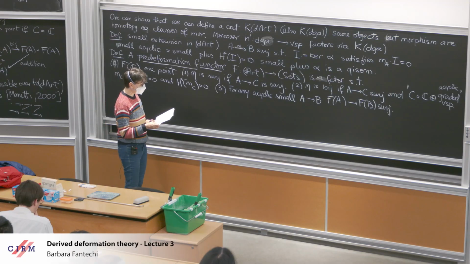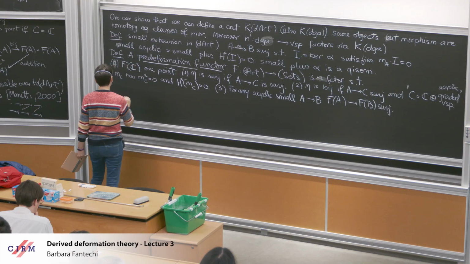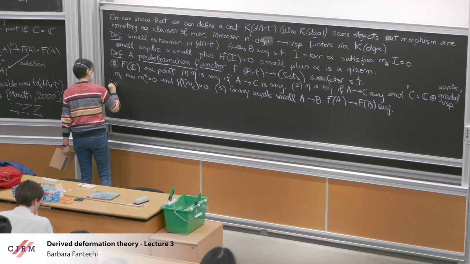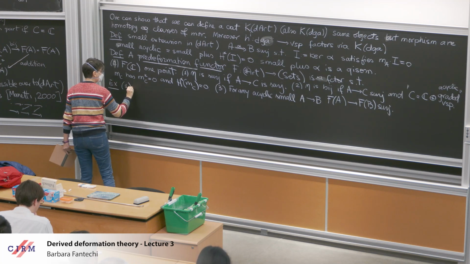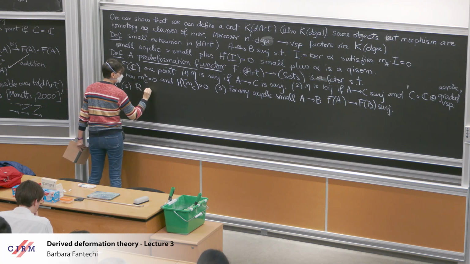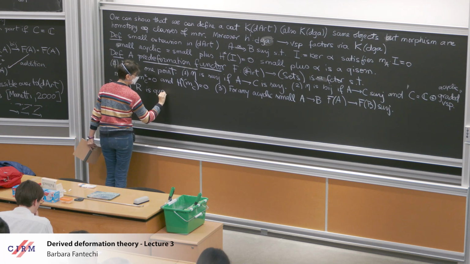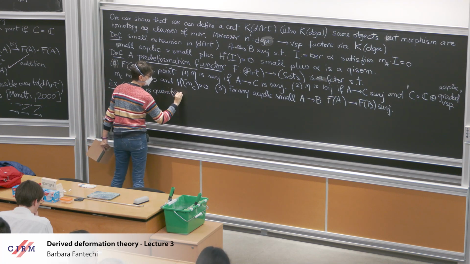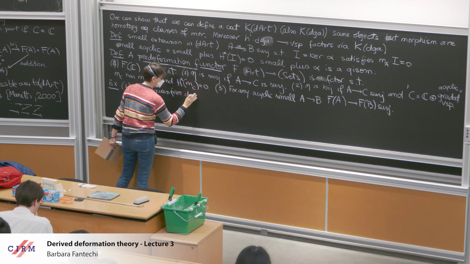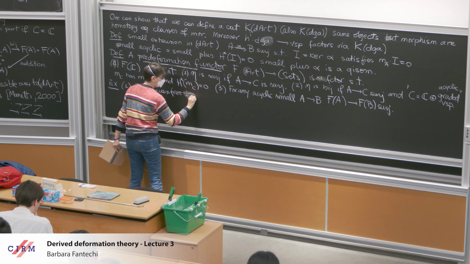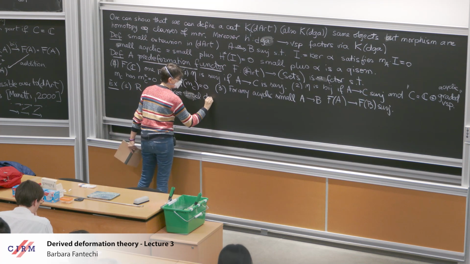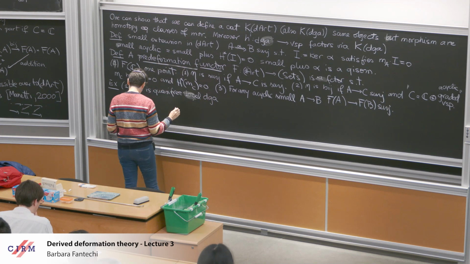And let me make an example. One, that if R is a quasi-free DGA, local DGA, sorry, do I need local?